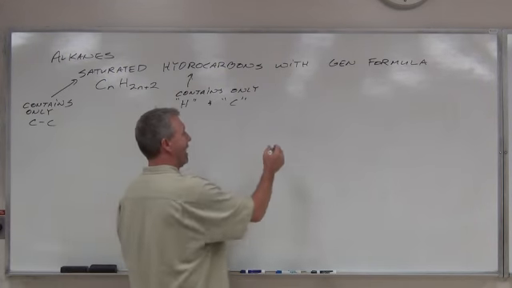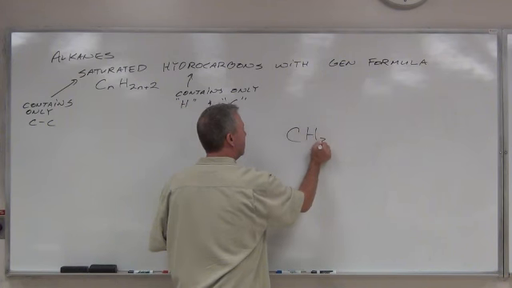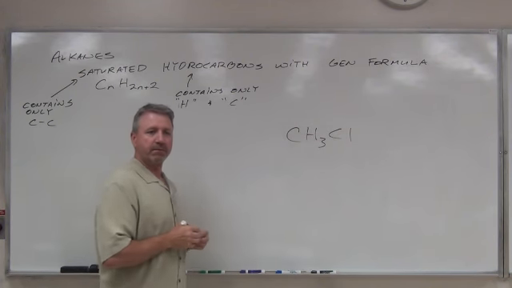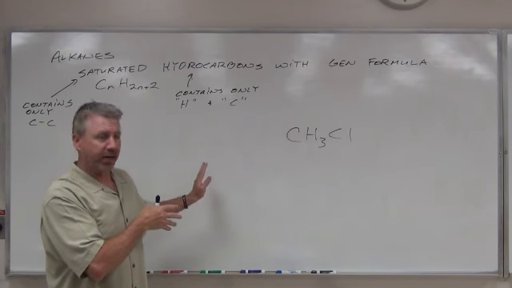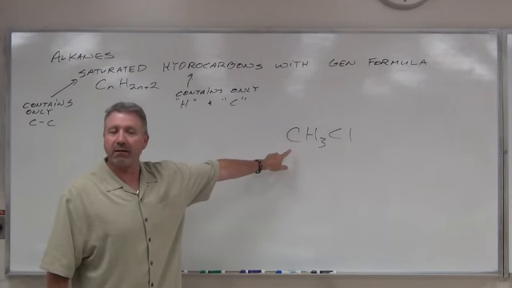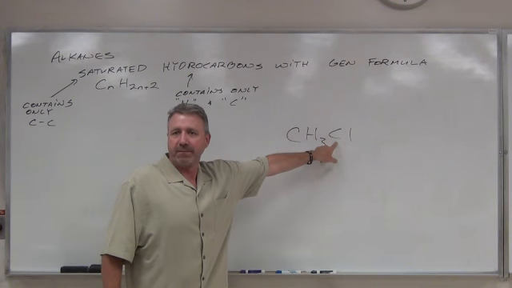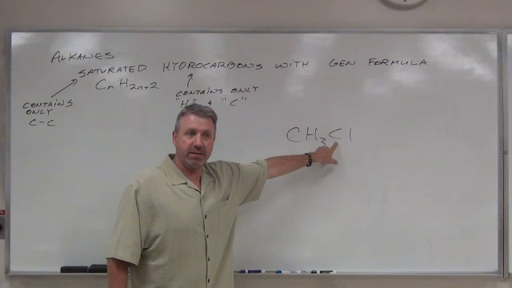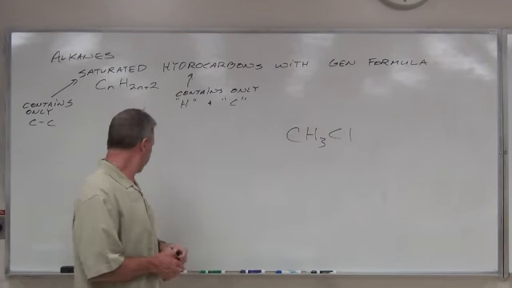So if you had a formula, for example, that looked like this, even at the very beginning of our study of organic chemistry, you know that that's not an alkane because it's got a Cl in it. It's an alkane derivative. It comes from alkanes, but it's not in and of itself an alkane.